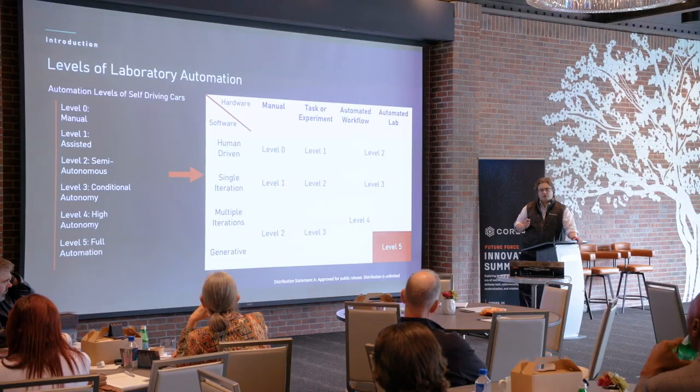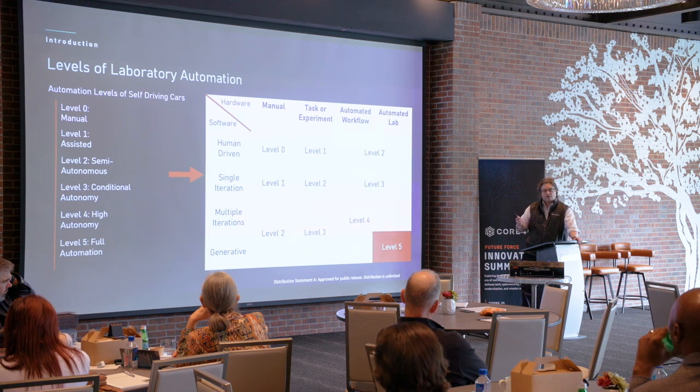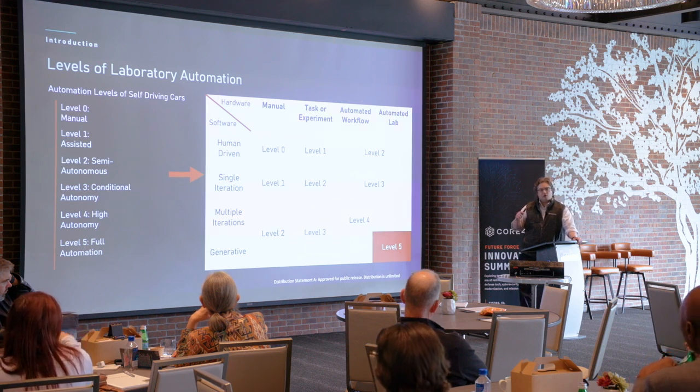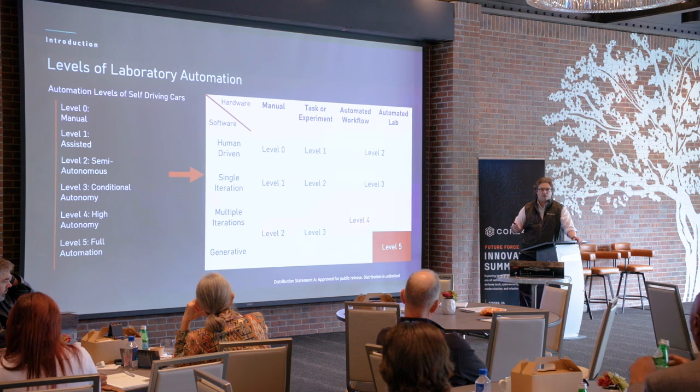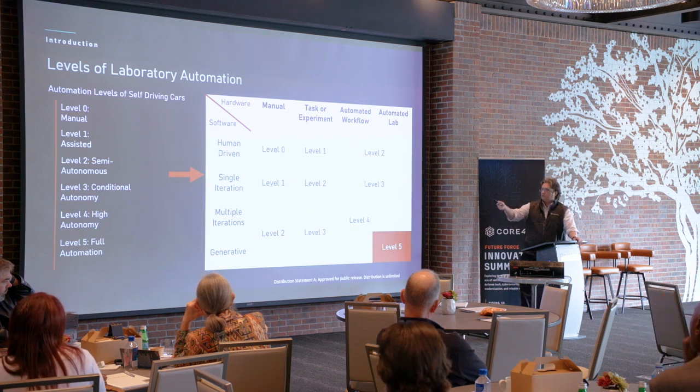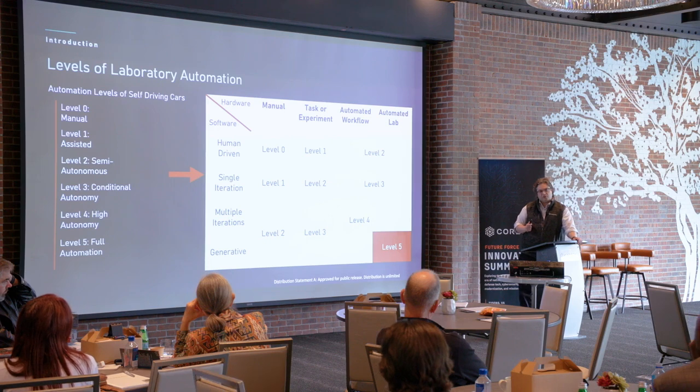For software, you start with your human-driven again. So the human is thinking of the experiment. They're focusing on the data. They're thinking about the next experiment and the one after that and stuff of that nature. So then you start to create software that does singular iteration designs. So it's suggesting future experiments based on previous data. Then you start to accelerate and move into multiple iterations of design.